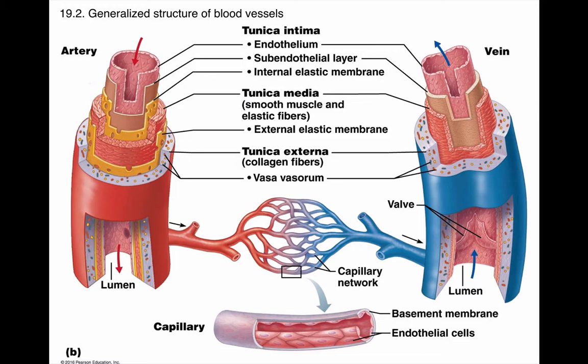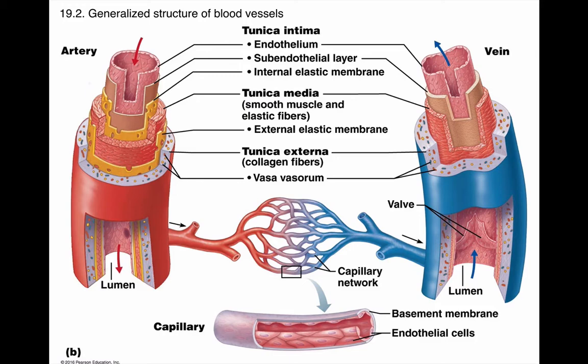And also, the muscle layer is a lot thinner than what we see in arteries. And again, that's for reasons. Muscle is expensive, so why burn metabolic energy if all of the veins are sending blood just back to the heart again? So they're a little bit more stripped down because they don't need to be making decisions about shunting blood from place to place like small arteries and arterioles do.